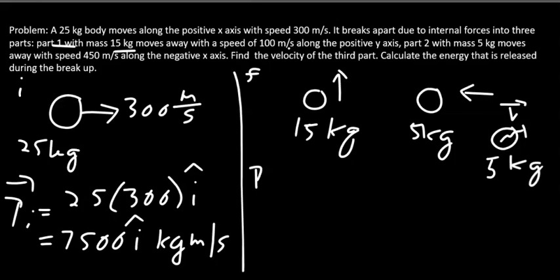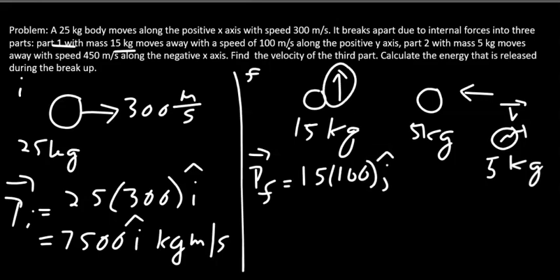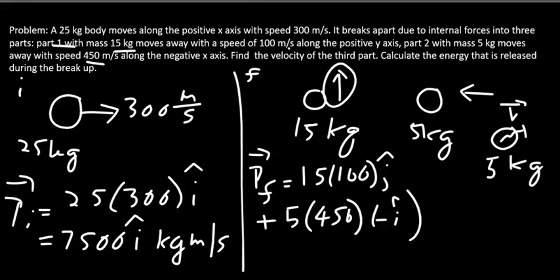So let's write down the final momentum of the system. For piece 1, it's 15 times 100 j hat due to that direction. For the second piece, it's mass 5 kg and the speed is 450 minus i hat because of that direction. And the third piece is 5 times vector v.